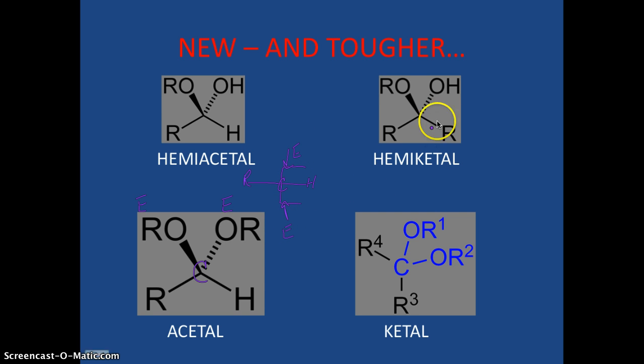If you look at the hemiketal to the ketal, then all you're looking at here is instead of an H over here, you now have an extension of that chain off of that carbon as its fourth bond. So again, get rid of this, and your chain extends, and there we have it. So if you know the basic format, you'll know what to look for in these.